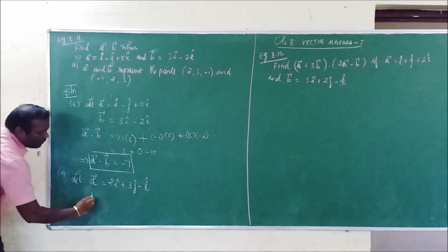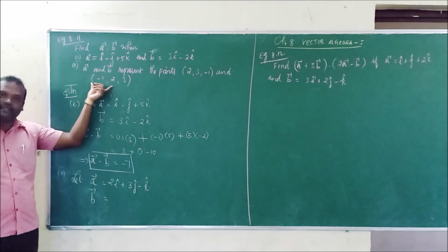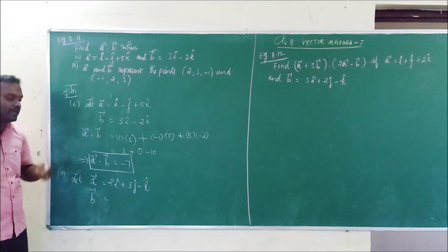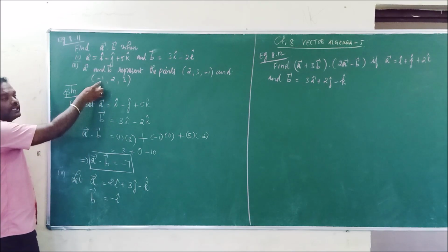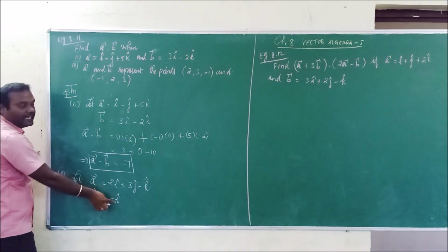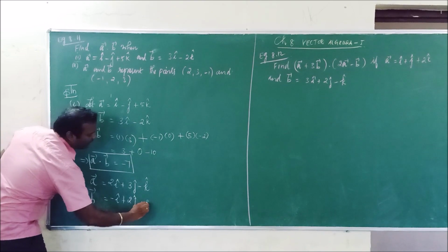Then take another vector B vector, which represents this point. Convert this point into a vector: minus 1 into I cap is minus I cap, plus 2j cap, then plus 3k cap.